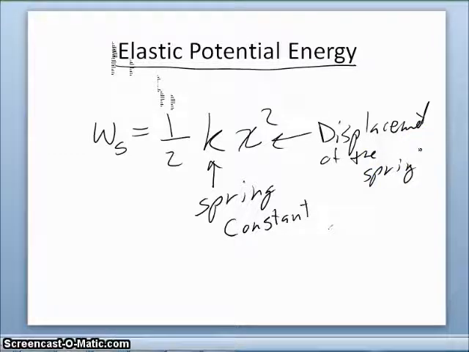And W would be the amount of work we're doing on the spring. So if we do a certain amount of work on the spring, we're giving it potential energy. And this potential energy is our elastic potential energy.